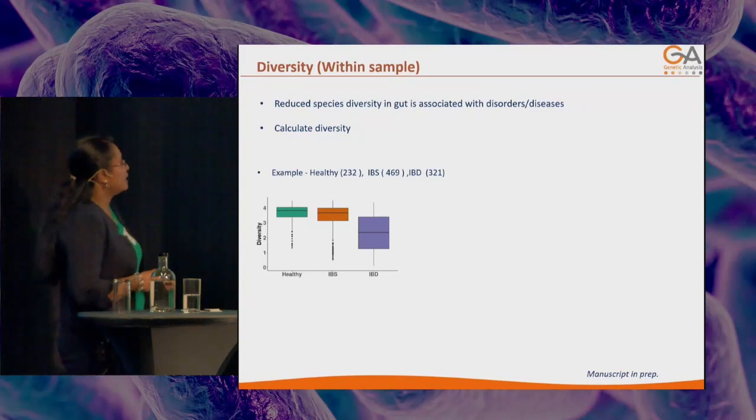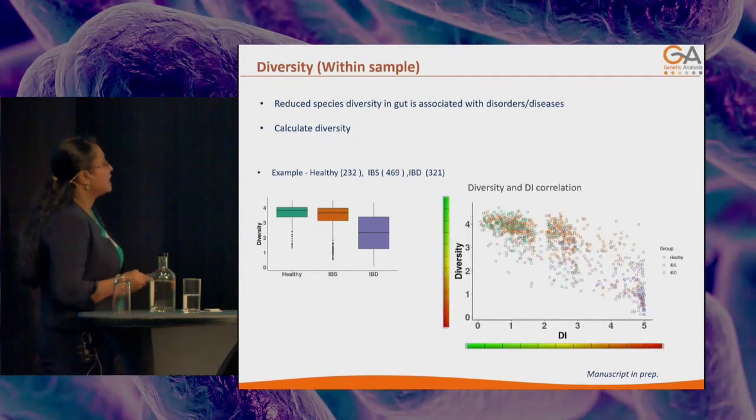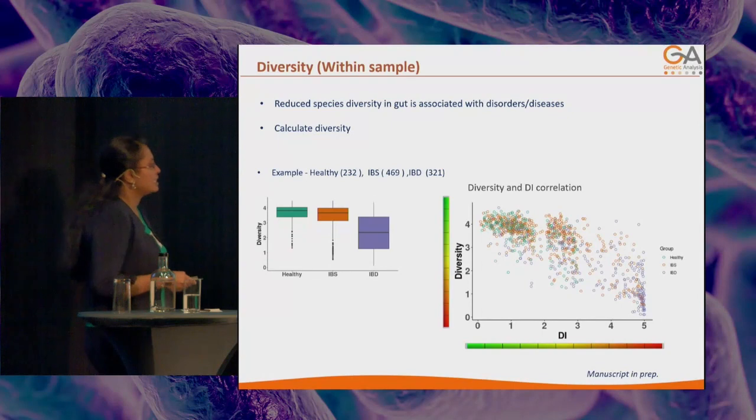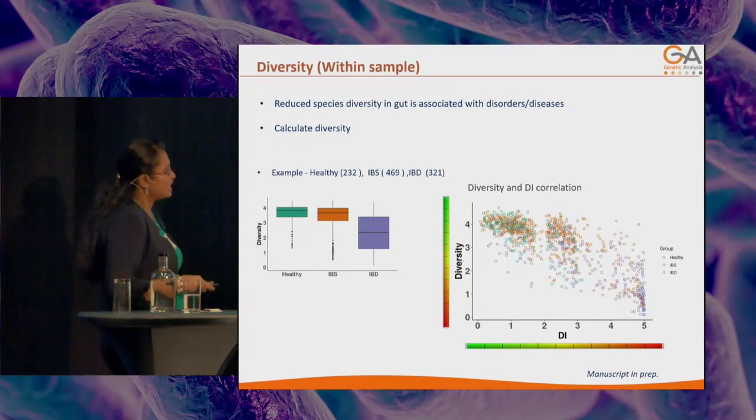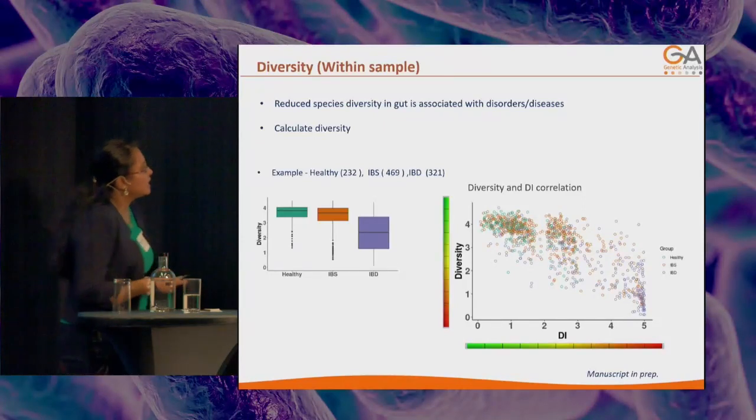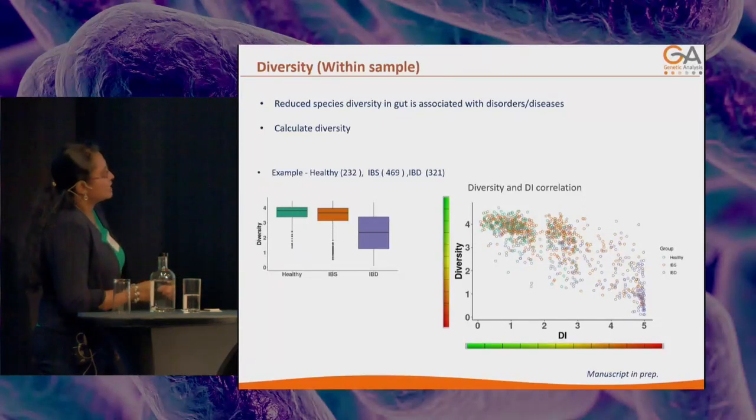Now if you wonder how the diversity and the DI correlate, in this plot the x-axis is the dysbiosis index, and the y-axis is the diversity. The green circles, the healthy samples, as we would expect, have a lower dysbiosis index and a higher diversity.